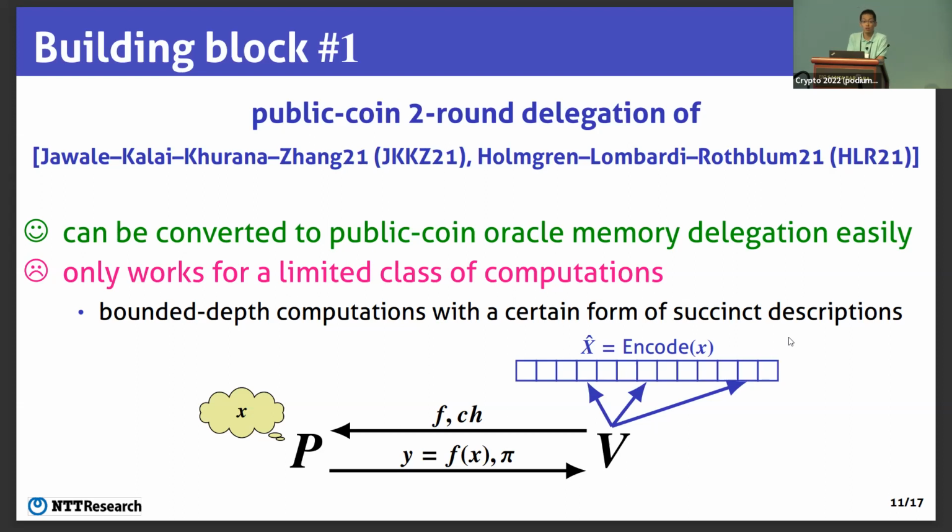But the problem is that the scheme works only for a limited class of computation, in particular, only for bounded computation with a certain form of succinct descriptions. What we need for our purpose is Oracle memory delegation for all slightly superpolynomial computation. So even though the scheme can be converted to Oracle memory delegation, unfortunately, the scheme alone is not sufficient for our purpose.